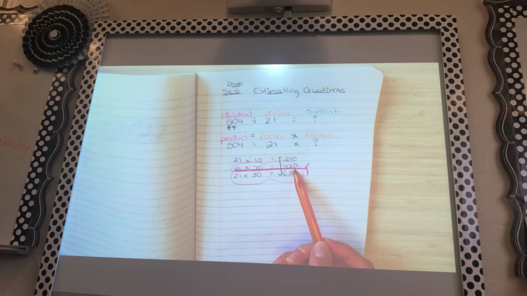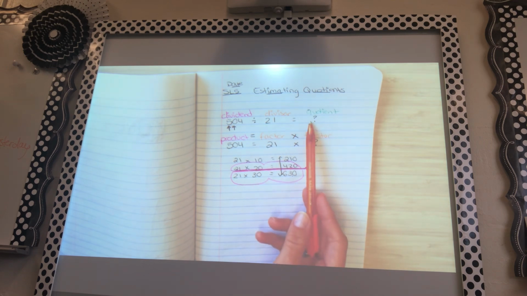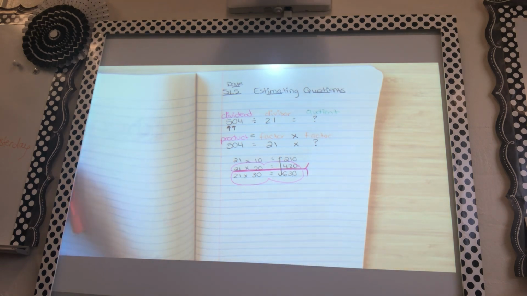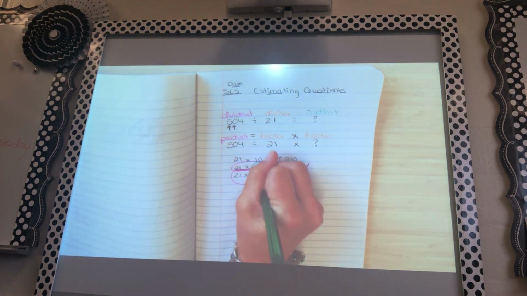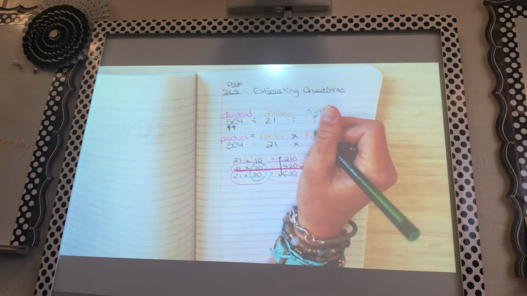So 504 falls between 420 and 630. Since it falls between there, I know that my quotient is going to be either in the 20s or in the 30s. It's going to be between those two values.